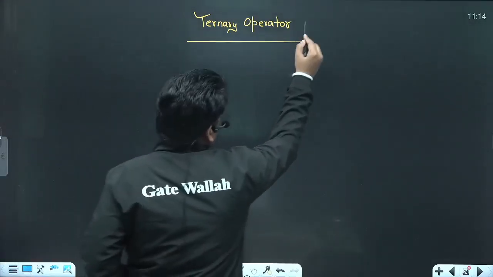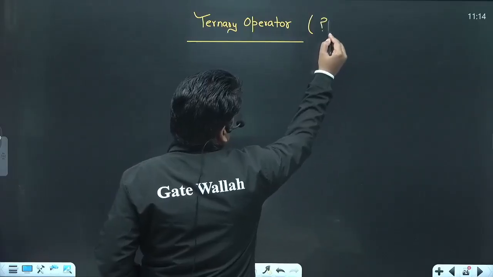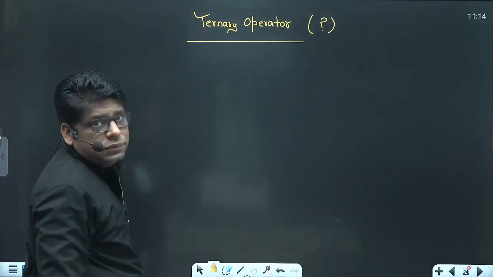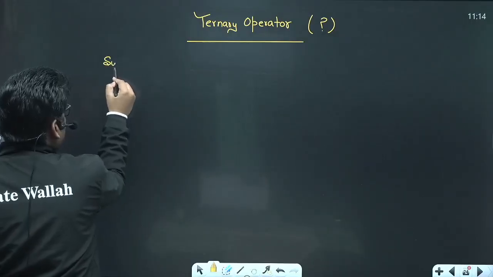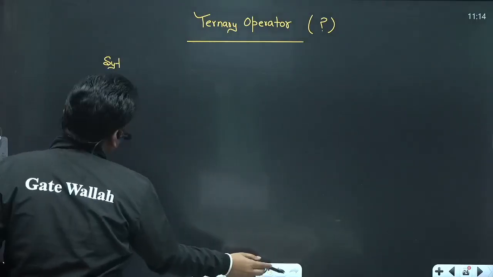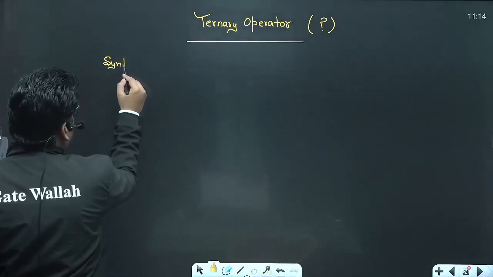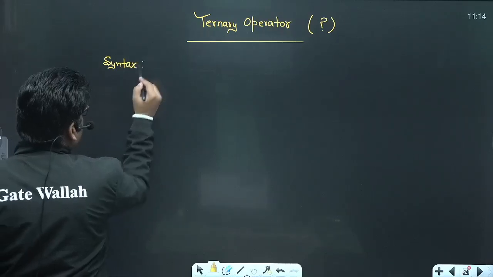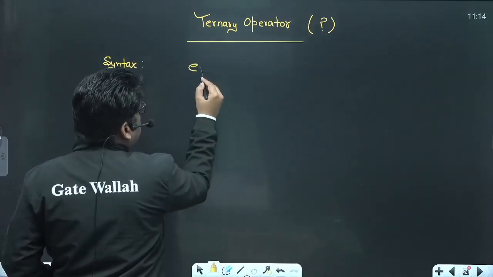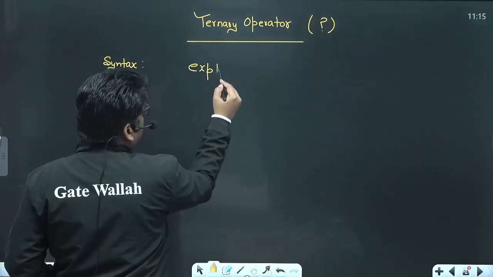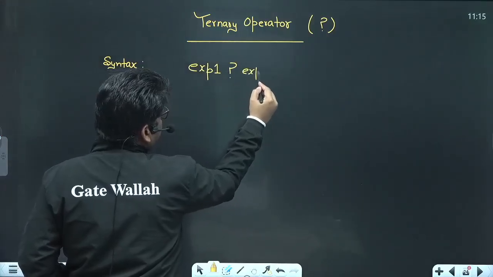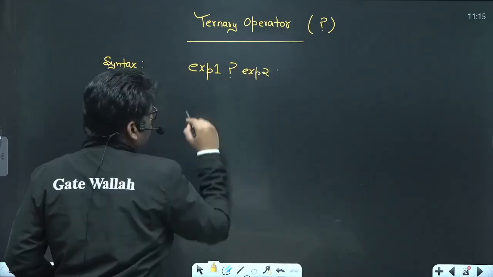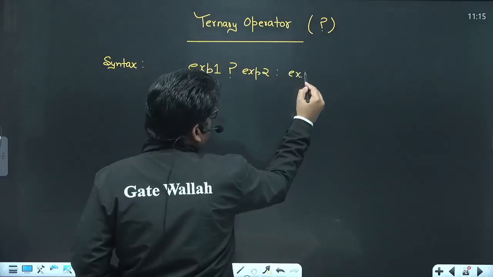Also called the conditional operator. How? The syntax is something like this: expression 1, question mark, expression 2, colon, expression 3.